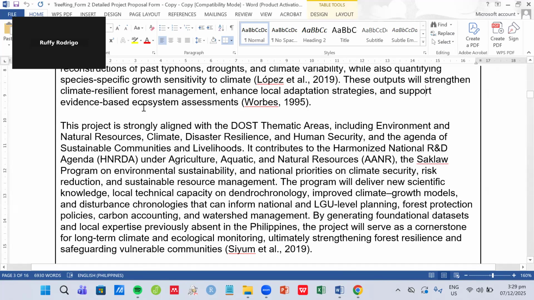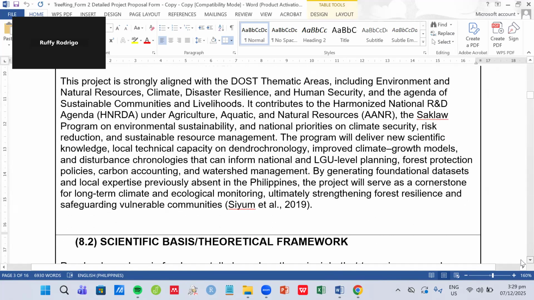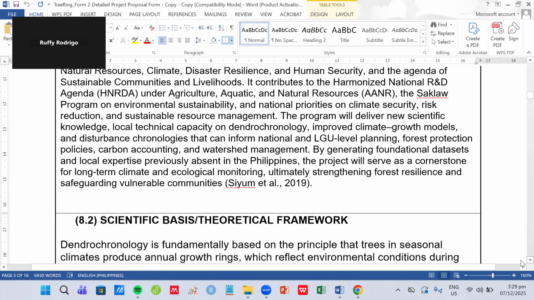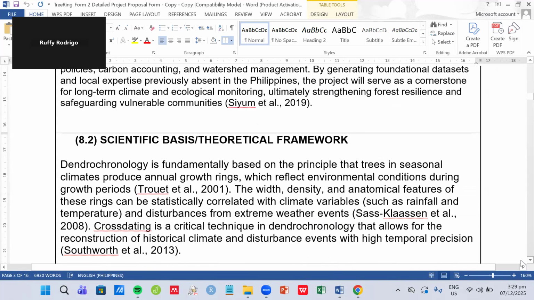This project is strongly aligned with the DOST thematic areas, including environment and natural resources, climate, disaster resilience, and human security, and the agenda of sustainable communities and livelihoods. So it's basically what your research is all about and how it is aligned to DOST priorities.